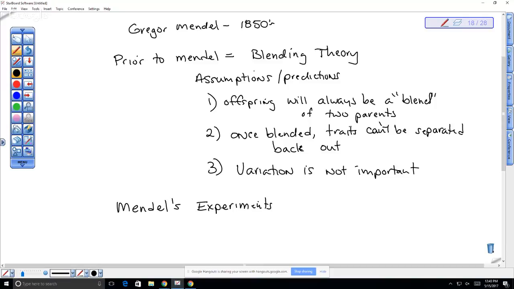And he used pea plants so that he could artificially take the sperm from one flower, which is called the pollen, and pollinate the ovaries in another flower and get genetic crosses between pea plants. And so one characteristic that he looked at, or trait, was plant height.